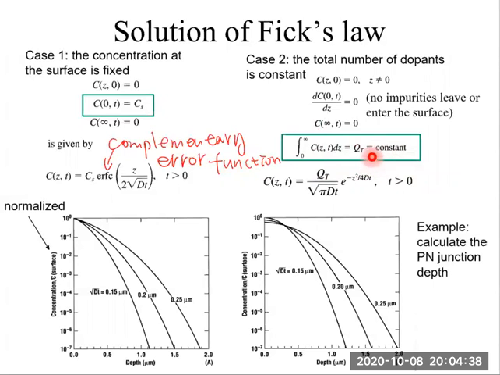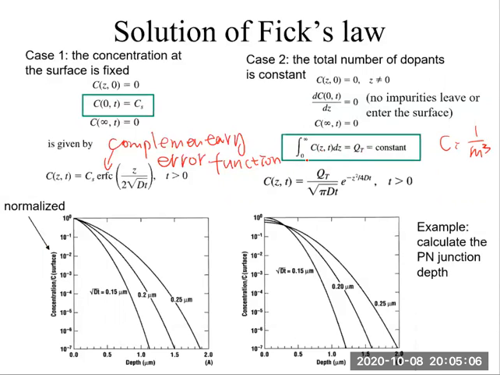More accurately speaking, this Qt is the total number of dopants per unit area. The unit of C is 1 over meter cubic.